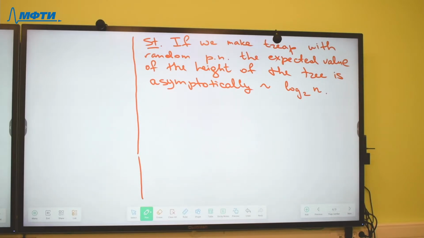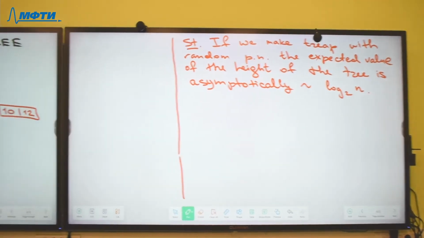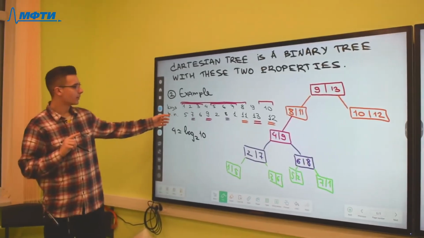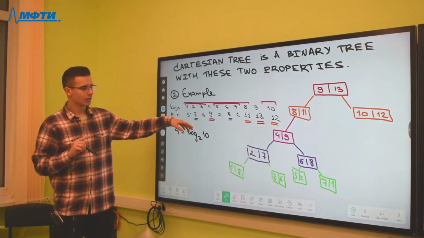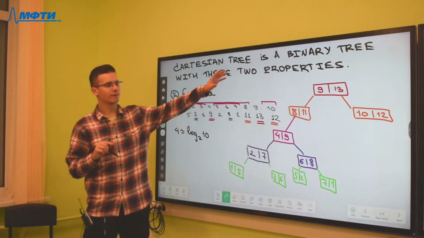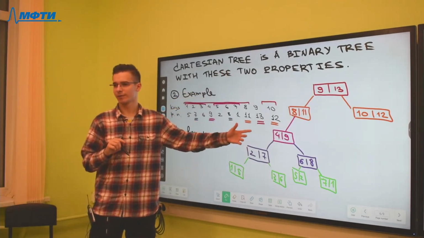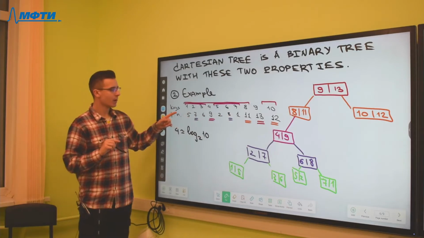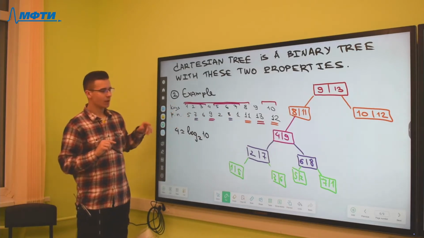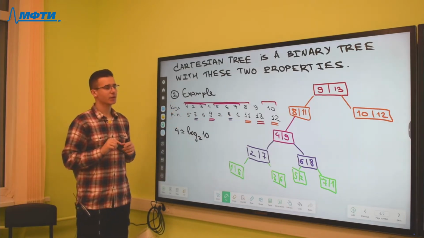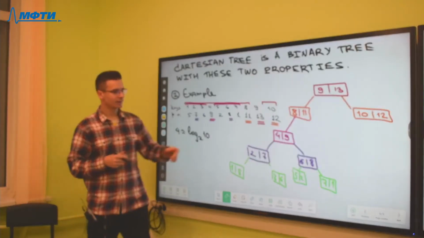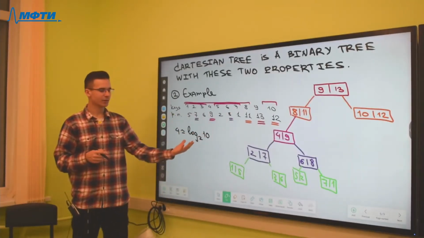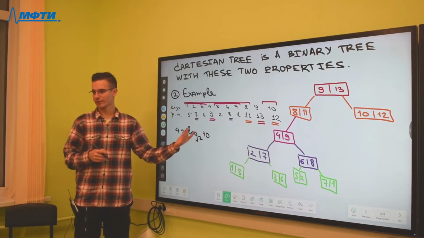What does it mean? It means that if I make a permutation of these numbers and write down all the trees that I can make with the priority numbers, with these keys, I find that in most cases we get a tree with similar depths.